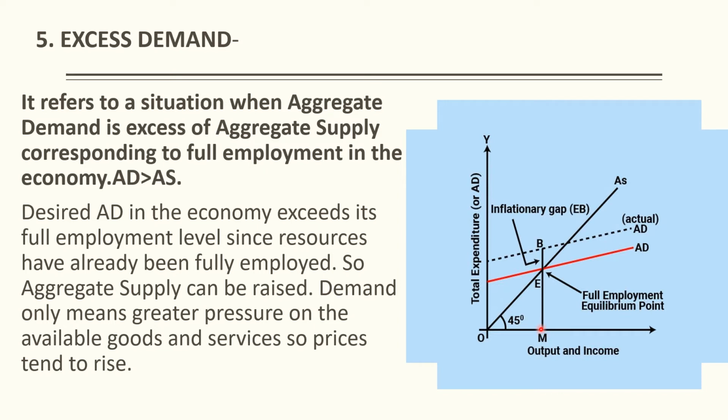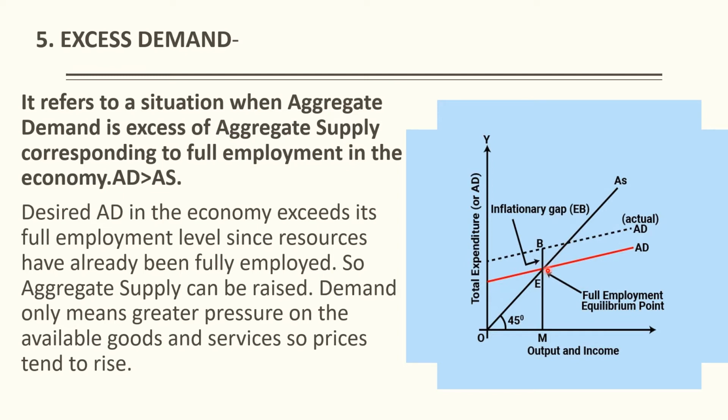We have attained full employment here, but as you can see, the new aggregate demand curve, the actual demand curve, has gone ahead and intersected the aggregate supply curve beyond full employment, which means that we are in an excess demand situation. Aggregate demand has gone way ahead of the desired level.